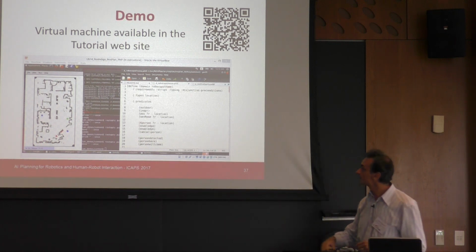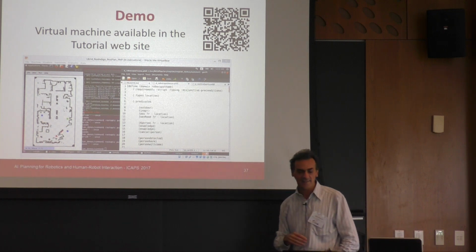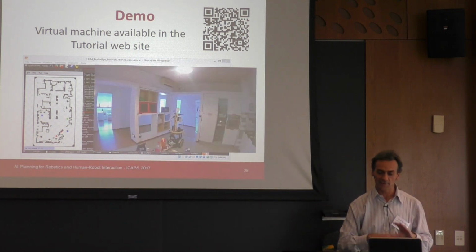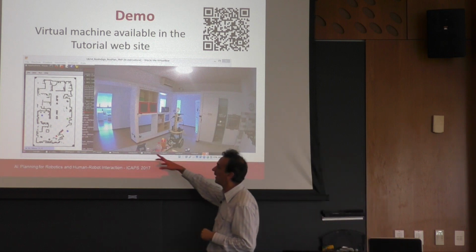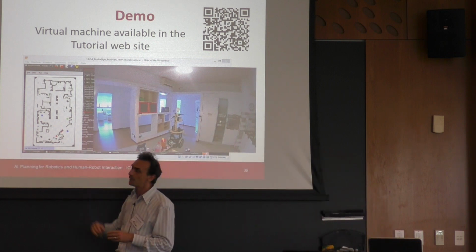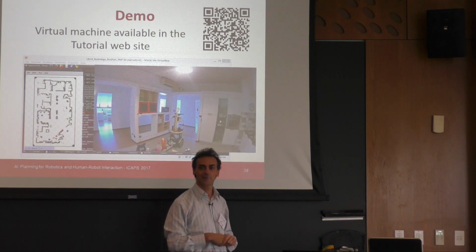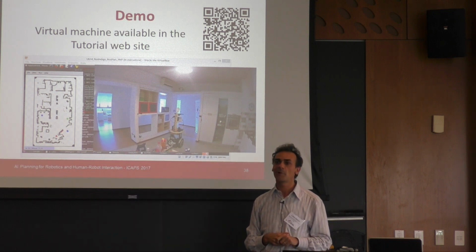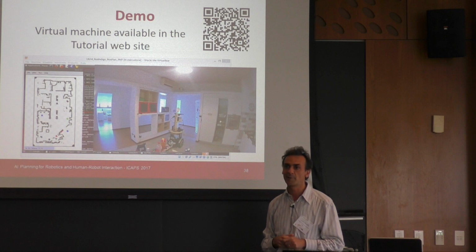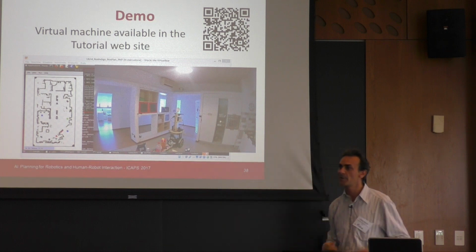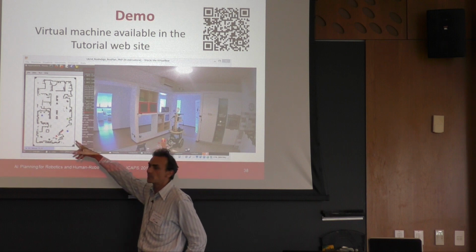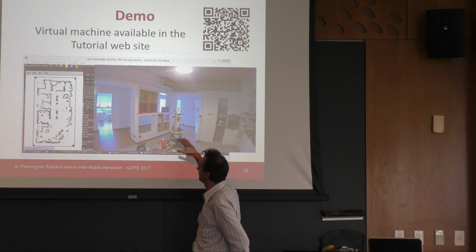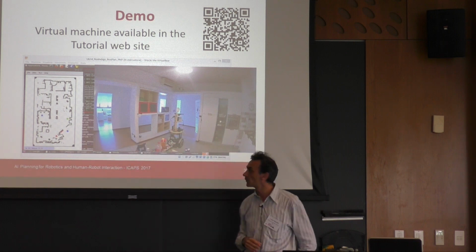And also, we choose tasks and environments in a realistic way. So this is the map of an apartment in Peccioli, in which we did a robotics competition in the framework of the RoboCup at Home and the European Robotics League. And this is an actual representation, a simulation of tasks that are done during this competition.